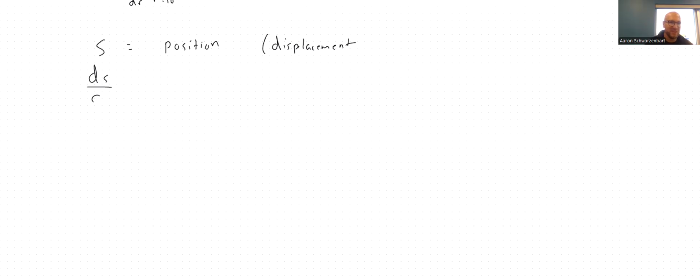ds/dt, and often S is an equation of time, right? That is velocity. So the derivative of position is velocity, the rate of change of position. What's the rate of change of velocity?